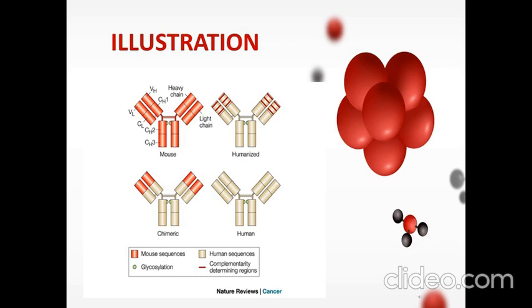Many therapeutic monoclonal antibodies were originally generated in mice and then chimerized to reduce immunogenicity in humans before humanization was widely adopted. Examples of chimeric antibodies in the clinical sectors include infliximab, rituximab, and abciximab.